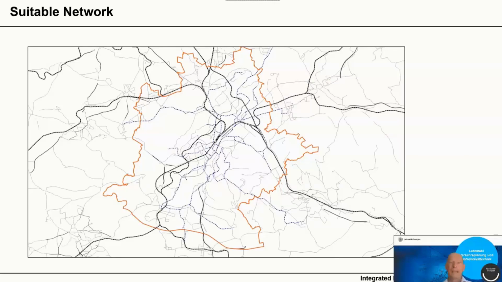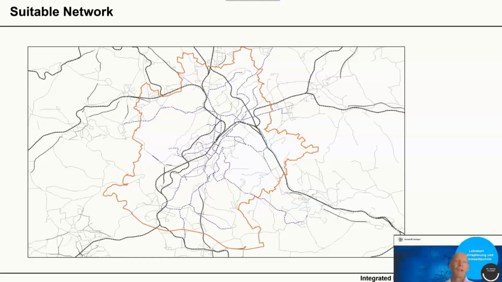So you need to identify, maybe you just, as I do here, use the system which is served by buses today, but you may extend it by additional links, parts of the network which are suitable for a bus. And this is important because it reduces your solution space. You cannot use every road with a bus. You need a certain width. You may have problems with parking cars.